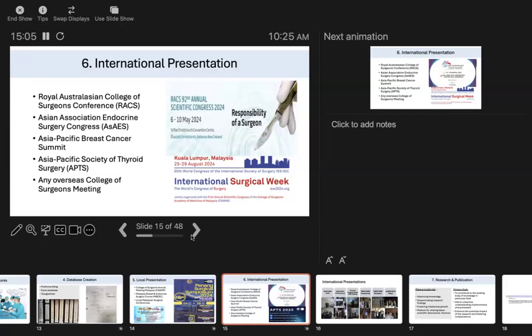So those who are really keen to join RACS, you can register yourself. I'm not sure whether it's still open or not, but you can always email them. Previously this RACS conference was very popular in Malaysia, until DG retired, and there's no more stress on this.